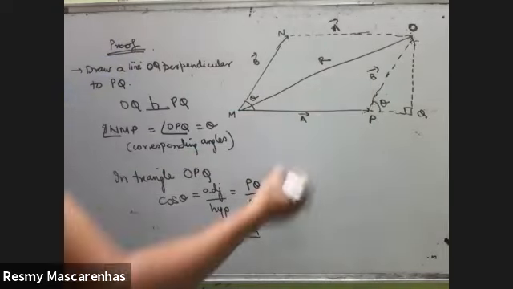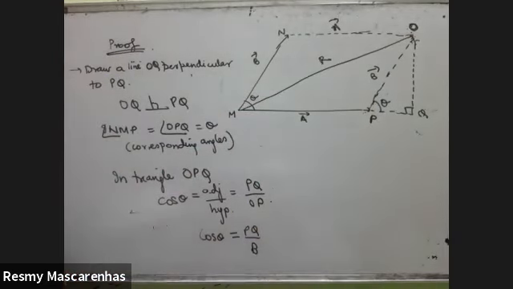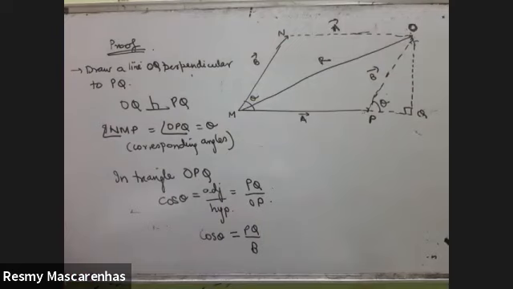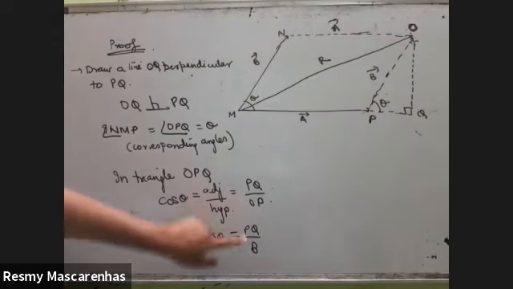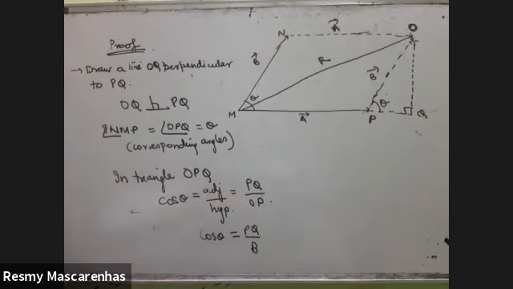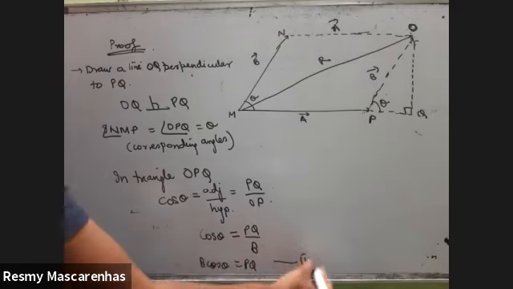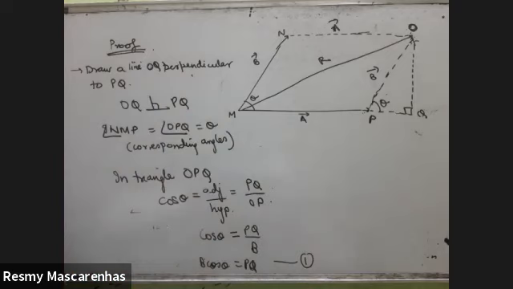OP is nothing but B, the value of your B. So therefore B cos theta will be equal to PQ. Put this as equation 1. I got the value of PQ.